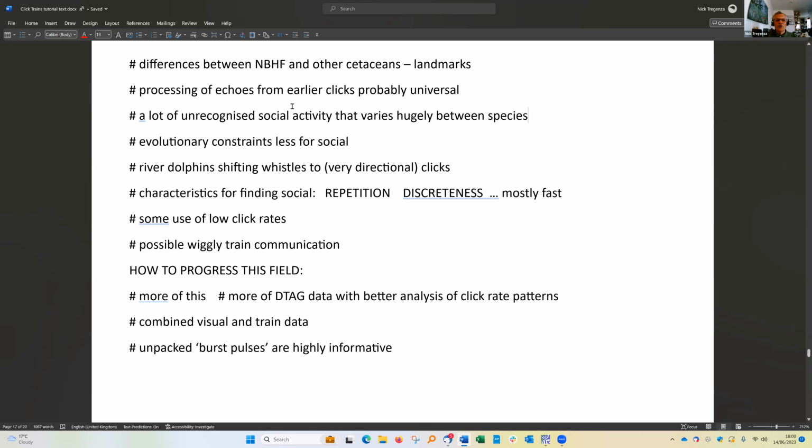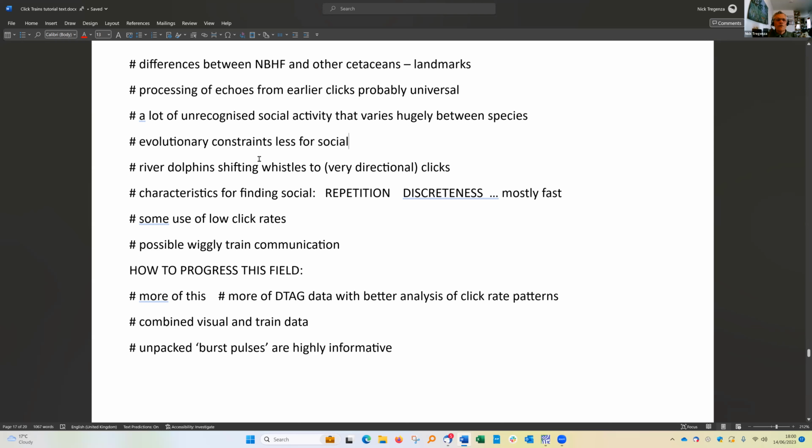The evolutionary constraints can be a lot less on this social activity. So you could easily get very different vocabulary of words, you know, as click rate profiles between Black Sea porpoises and Mediterranean porpoises, of which some still exist.